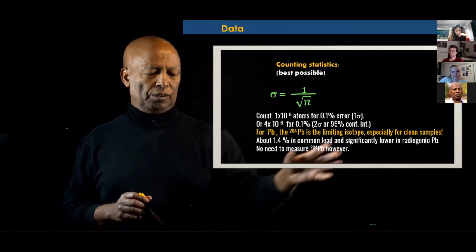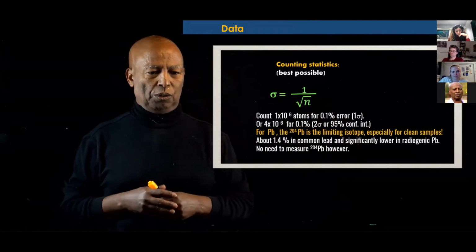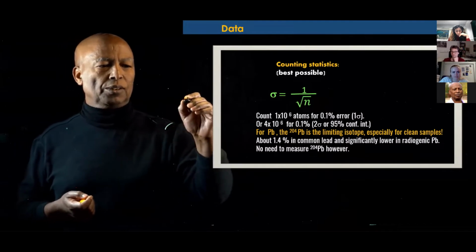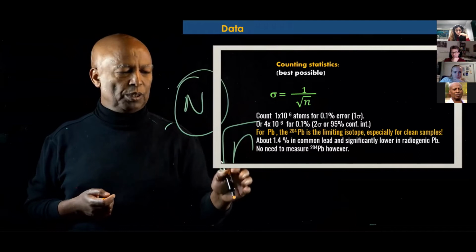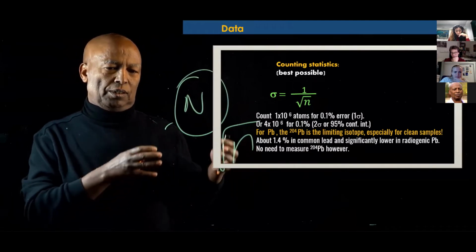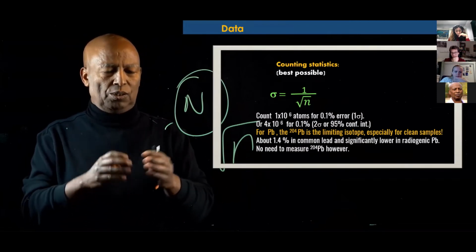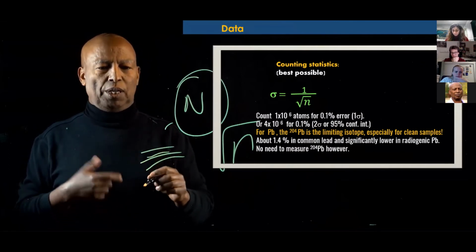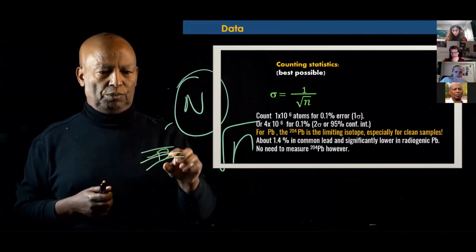Obviously, the governing thing is counting statistics. You measure a number of ions, and basically what you want is a large number of ions, because your ultimate precision is limited by 1 over the square root of n. So when you make a decision, you have to balance sample size. Obviously, in a stalagmite or any other carbonate, there is also an age constraint about how much sample you can take from any given area.